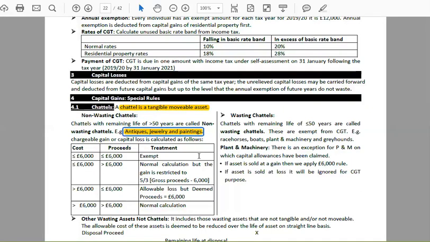Whenever the word antique or jewelry or painting is used, you will assume that the life of these assets is more than 50 years. So these three assets will be classified as non-wasting chattels.